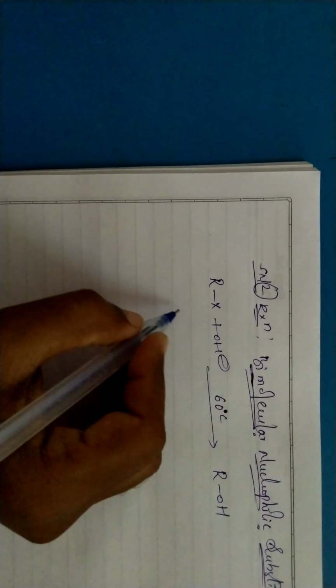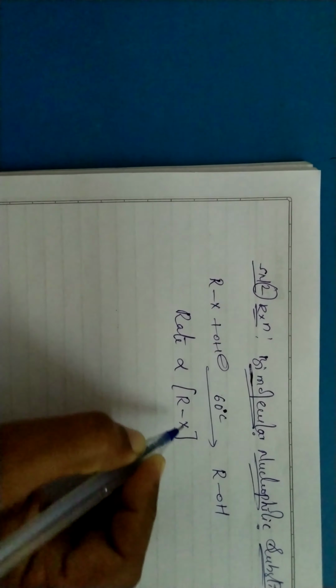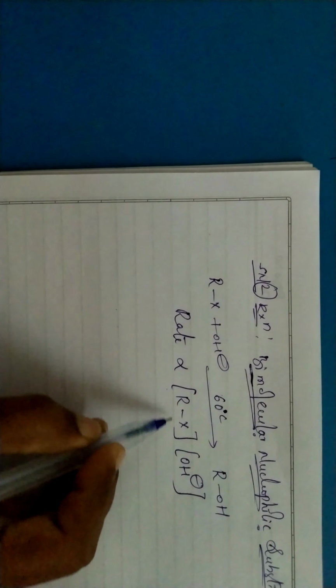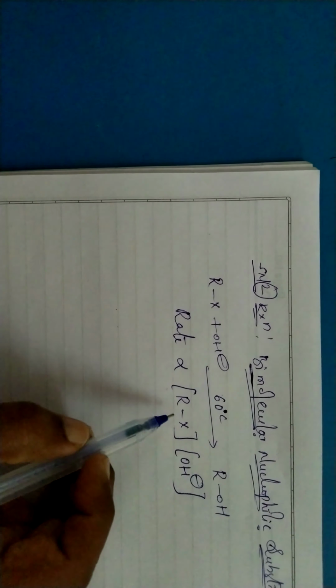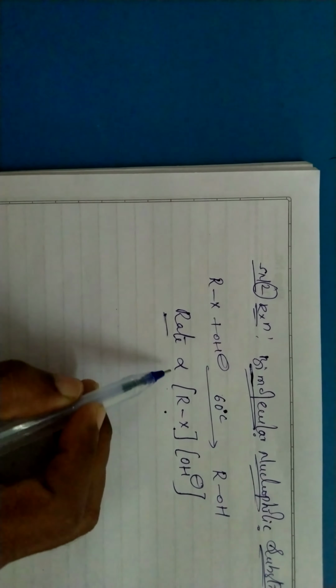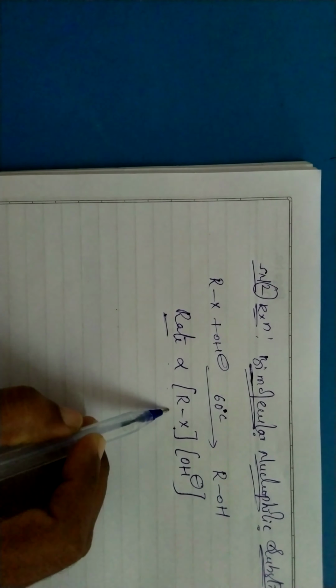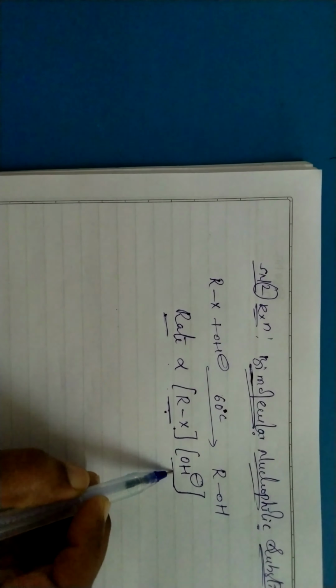There the rate depends only on the concentration of alkyl halide, but here the rate of the reaction depends both on the concentration of alkyl halide as well as the concentration of nucleophile.